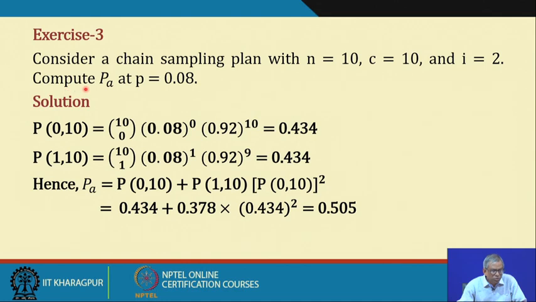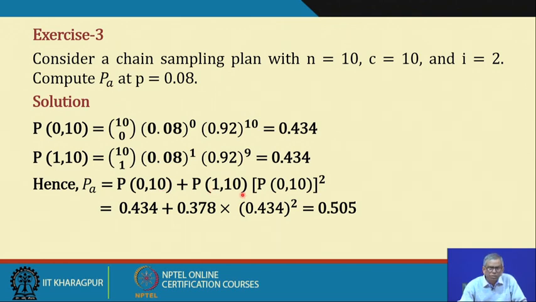So compute the probability of acceptance at an incoming lot quality of 0.08, that is p equals 0.08. This is the expression. What is the probability of acceptance? If you do not find any non-conforming unit out of 10, you are going to accept the lot.